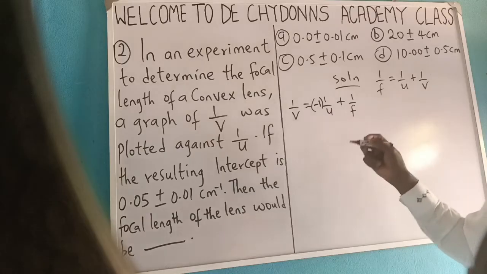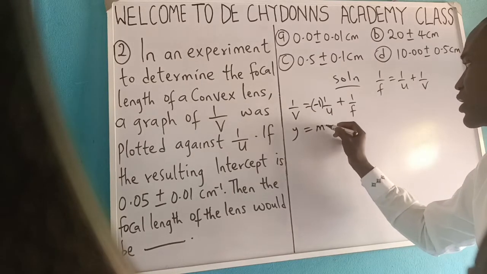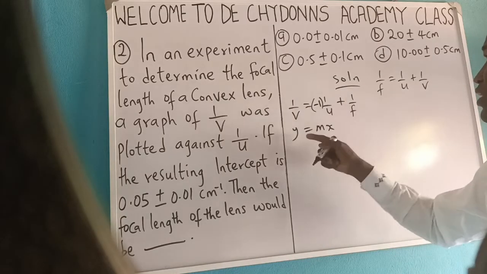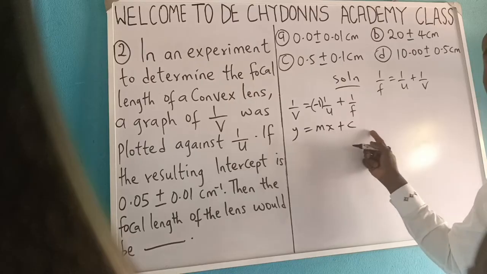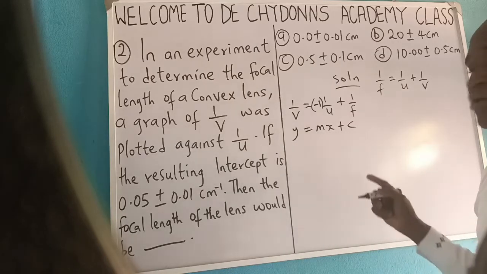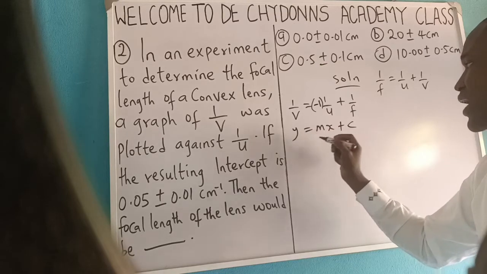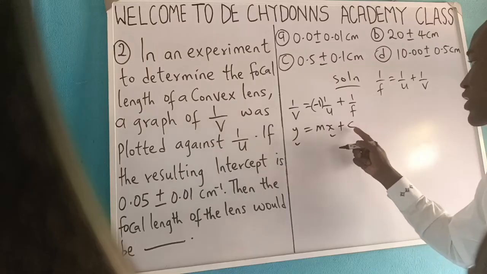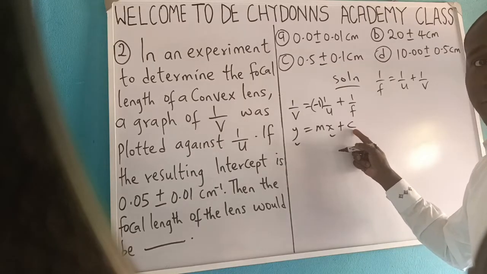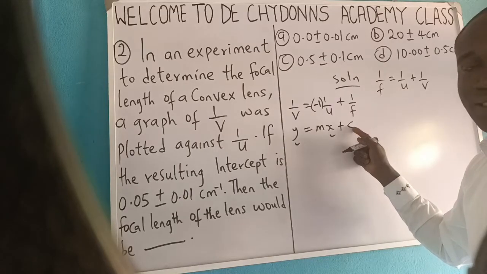Now, this means that when you plot a graph of this against this, what did I write? This is a straight line equation. When you plot a graph of y against x, m becomes the slope, c becomes the intercept on the vertical axis, where it meets the vertical axis.